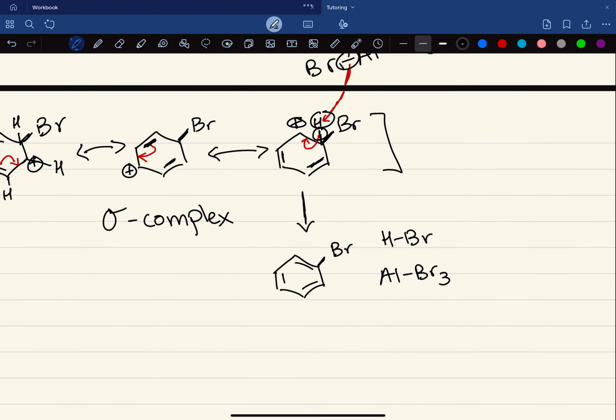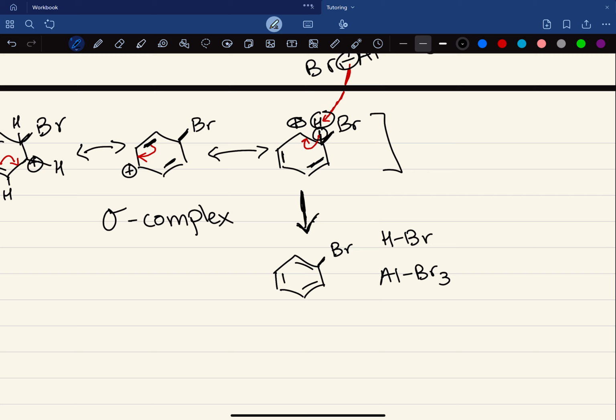It is not used in the reaction. And this part of the reaction is also irreversible because we're gaining aromaticity. So we went from non-aromatic to aromatic. So the reaction is not going to want to go back that way. It's only going to want to go this way.